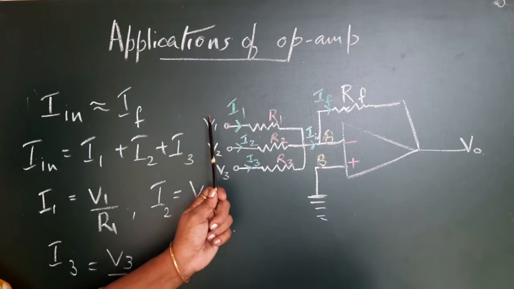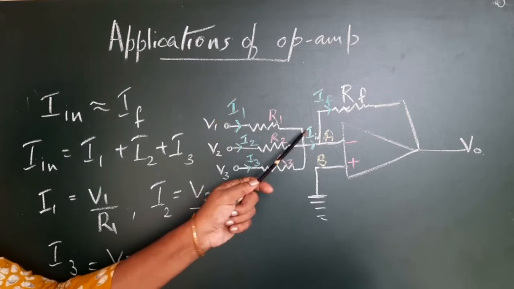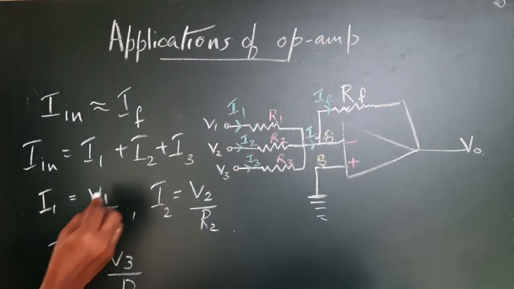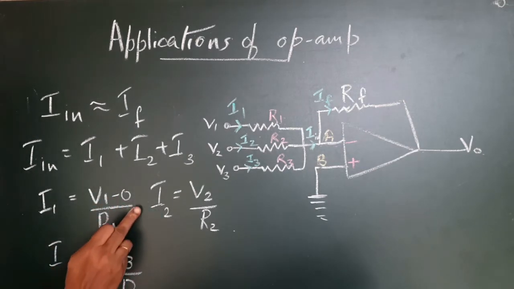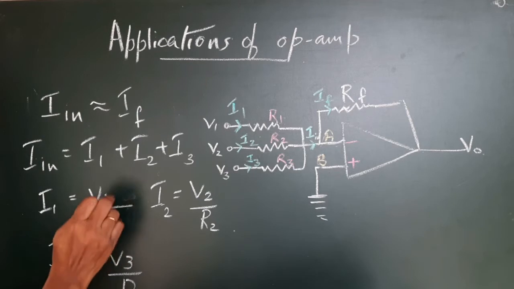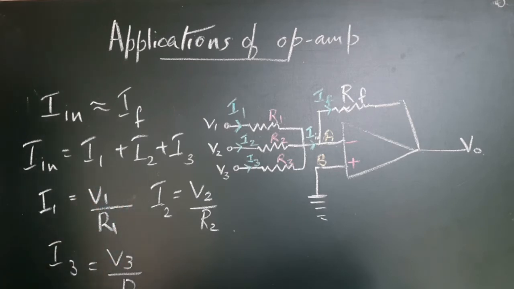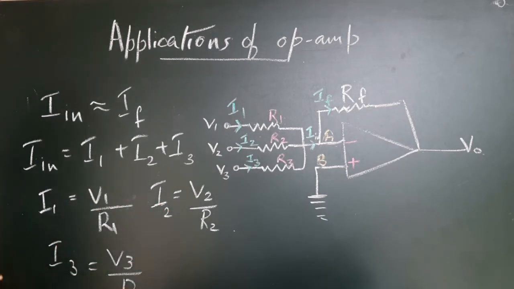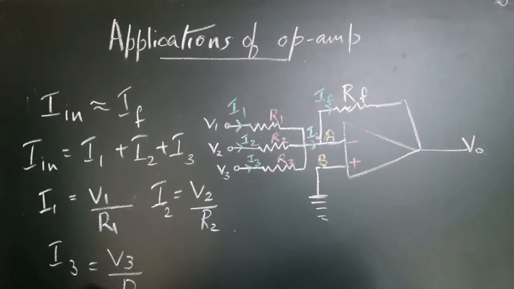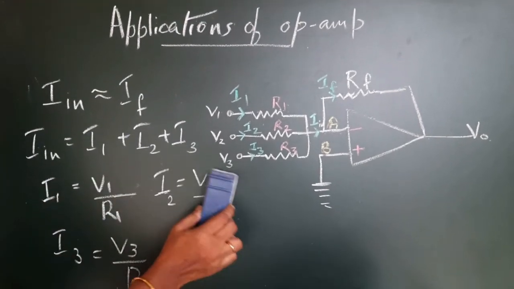So it is V1 minus 0 by R1. V1 minus 0 by R1 is the correct representation, but now we have avoided this and we have written it as V1 by R1. So hope it is clear. That is how these relations have come. So we will use these expressions for this equation.